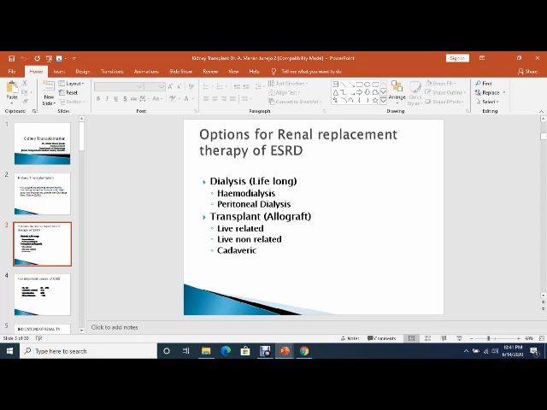Regarding kidney transplant, there are three types of transplantation: live related donor, live non related donor, and cadaveric or brain dead donor.